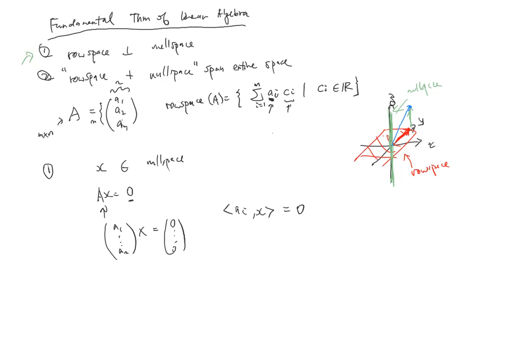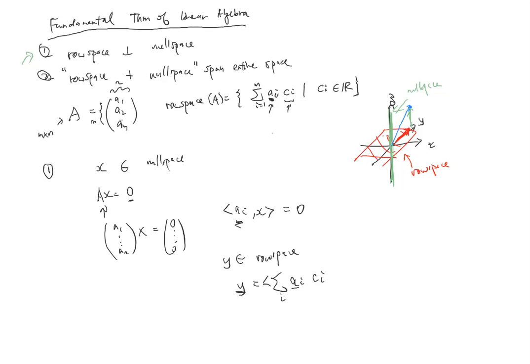Then of course, any vector in the row space of A is a linear combination of all these ai's, right? So therefore, any vector y in the row space, I will have y equal to the sum of ci ai, something like that, right?